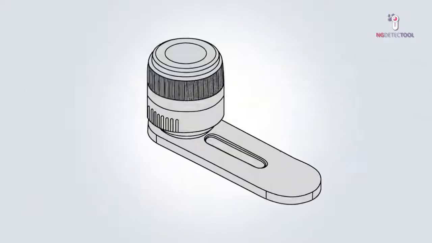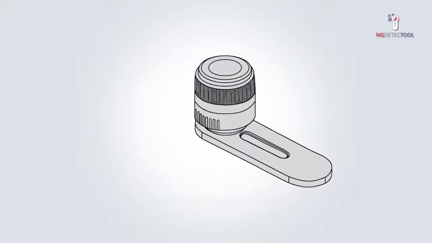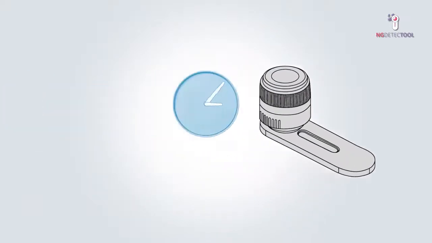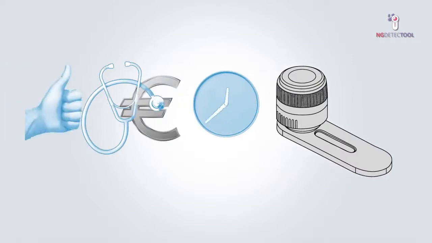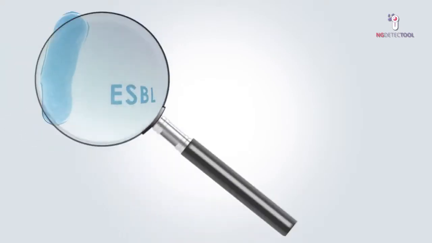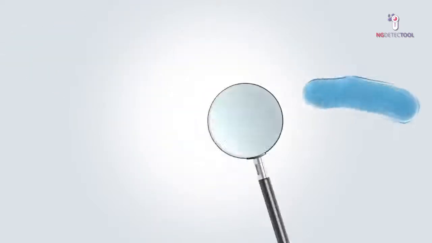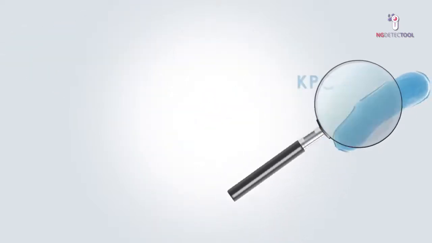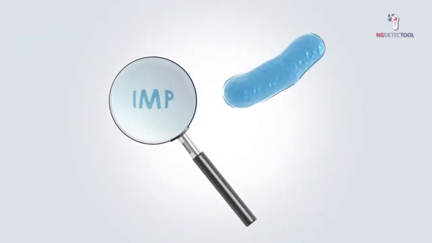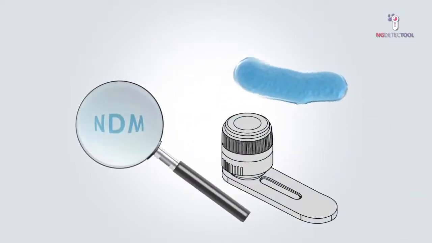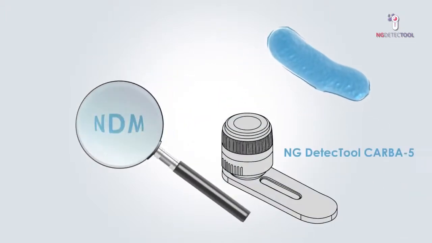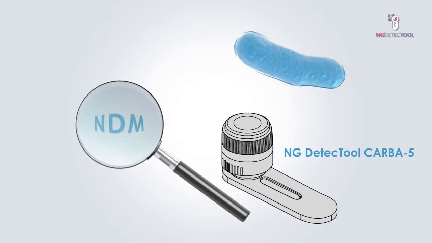For the first time, a new detection system, the AMR DetecTool, provides fast, affordable, user-friendly and direct detection of beta-lactamases. The enzymes detected with this system are the ESBL of the 5 groups of CTX-M, with the so-called AMR DetecTool CTX-M, and the carbapenemases KPC, OXA, VIM, IMP and NDM, using the AMR DetecTool Carba5 in clinical samples.